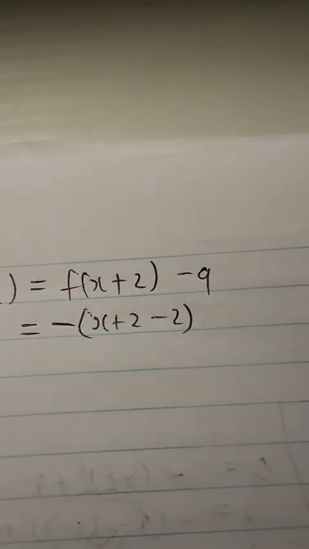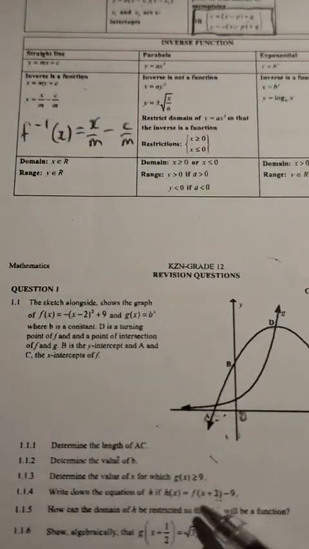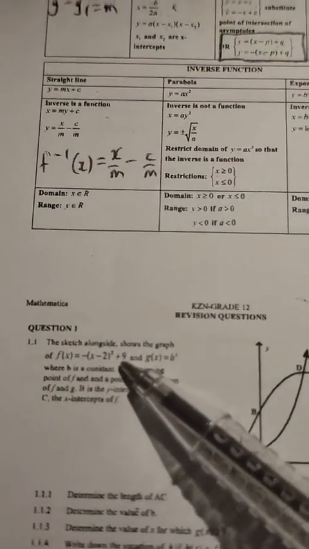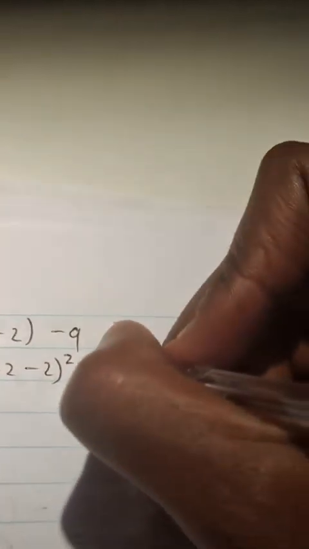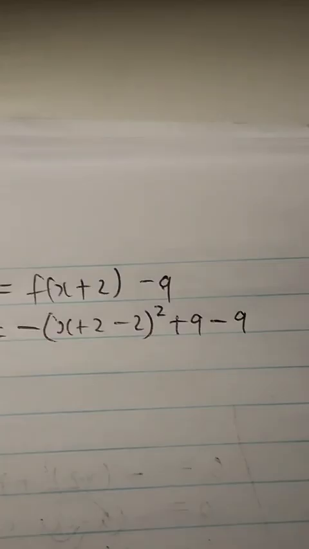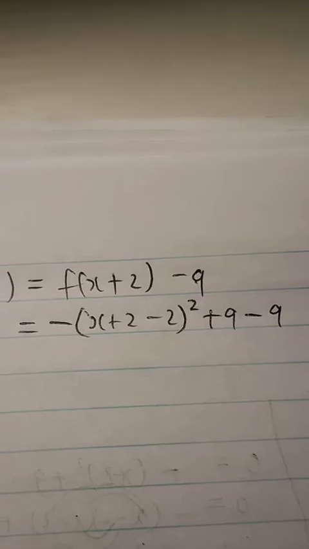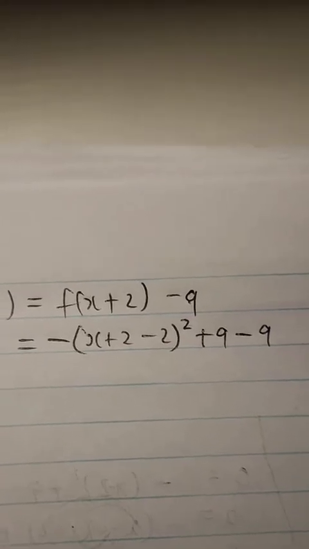Then after that x plus 2, we are followed by minus 2. You see? I hope that makes sense, guys. But then there's a square, so we must make sure we write the square. Then outside that bracket, there is plus 9. Then we need to subtract 9 on the outside as well. You see? Make sense? I hope it makes sense, guys.